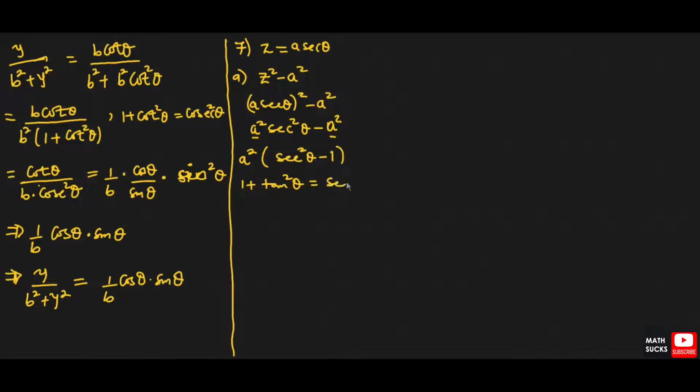Now again, borrow the identity. We know that 1 plus tan squared of theta is equal to sec squared of theta. From the first identity, sine squared plus cosine squared equals 1, if you divide throughout by cos squared theta, that gives you this identity. So I can take 1 to this side, and then tan squared of theta is equal to sec squared of theta minus 1.